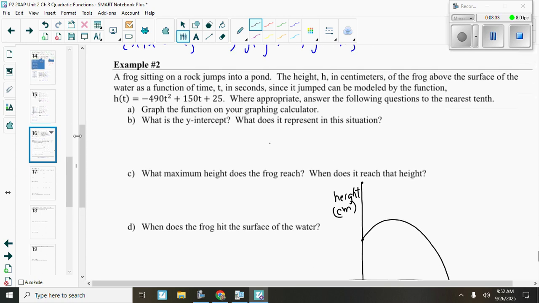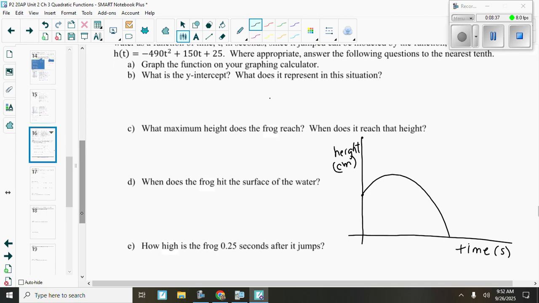So what is the y-intercept? How is it that I have a y-intercept way up there at 25? Why does it start 25 centimeters above the water?